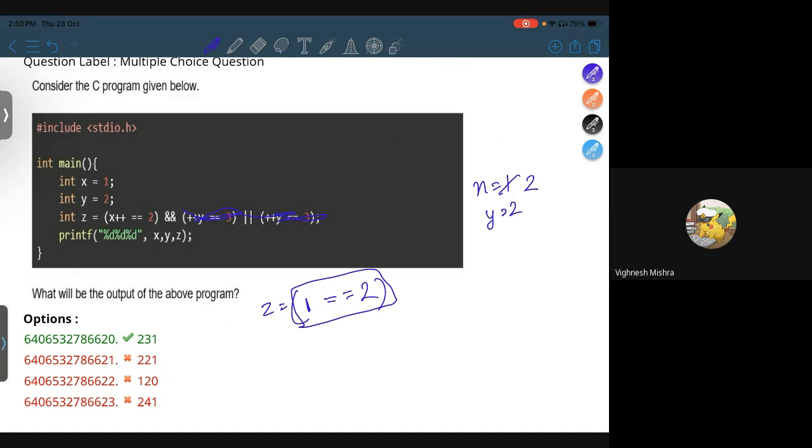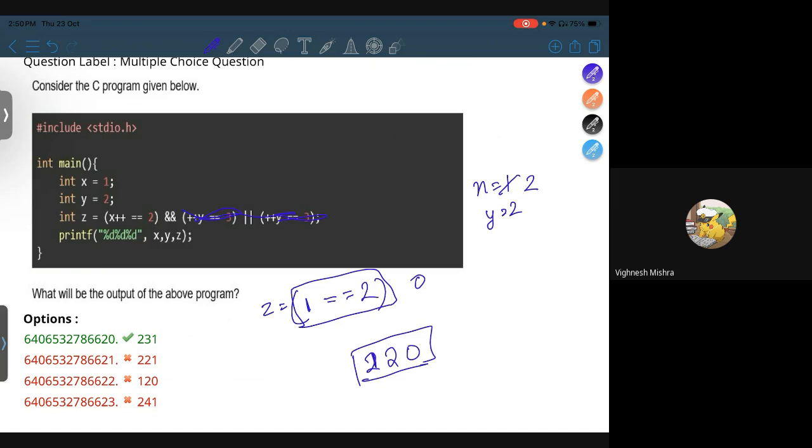It won't solve this. So z will become 0. So x is 2, y is 2, and z is 0, according to me. But this is nowhere in the options.